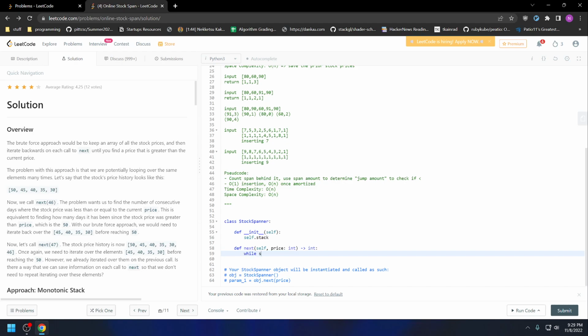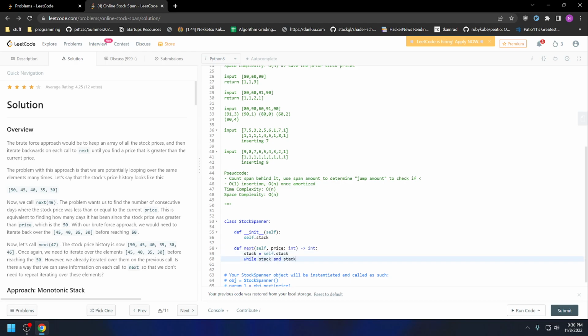While self.stack and stack minus 1 is less than or equal to price.